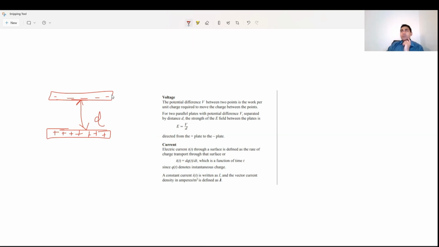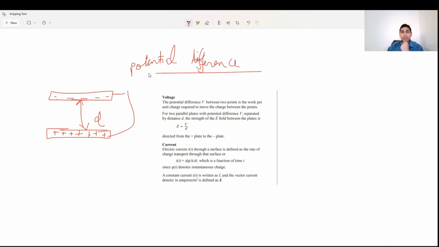Now, obviously, from the name itself, there's a potential difference, right? Because it's a positive and negative charge, you can definitely say there's a potential difference.